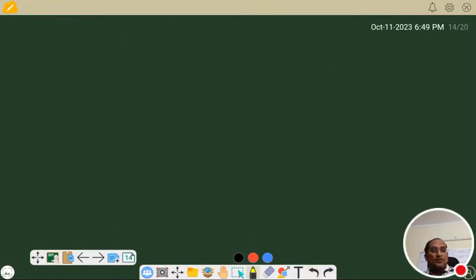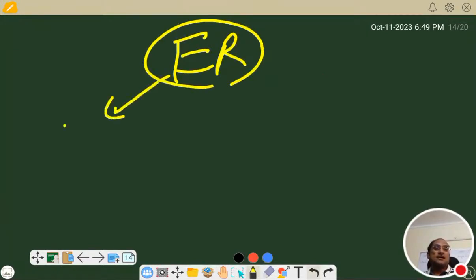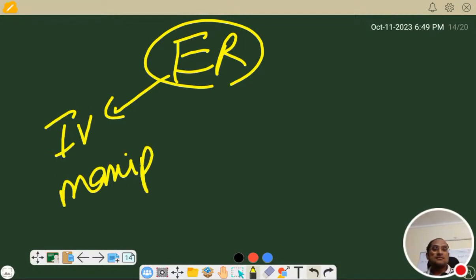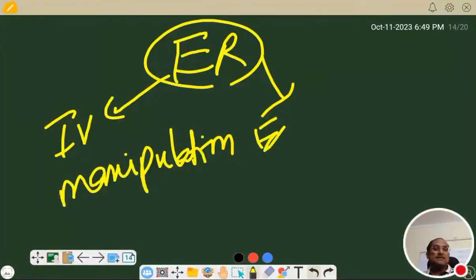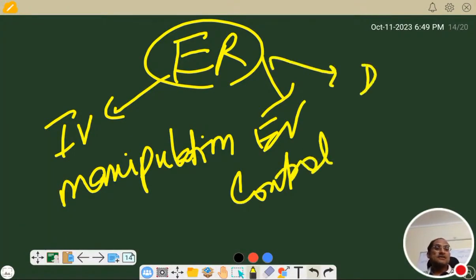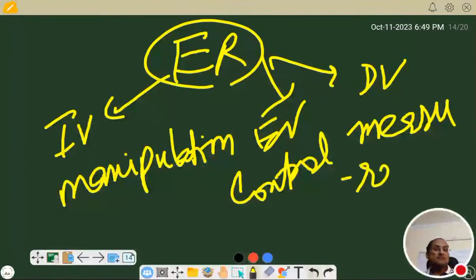In pure experimental research, what we are supposed to have is IV manipulation, EV control, and DV measurement. All done efficiently and effectively. Or if you want to add economically, efficiently, effectively.